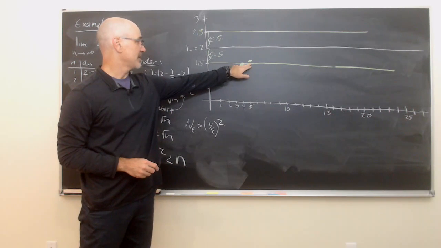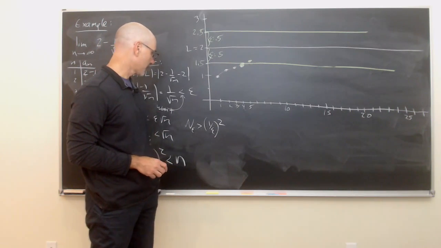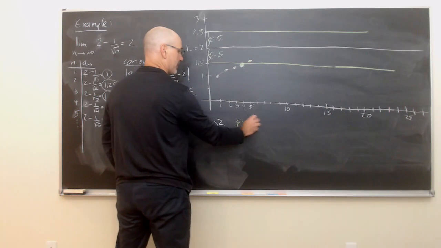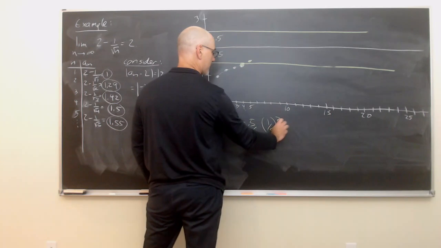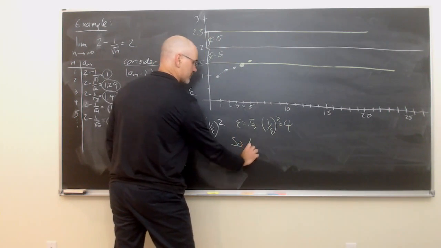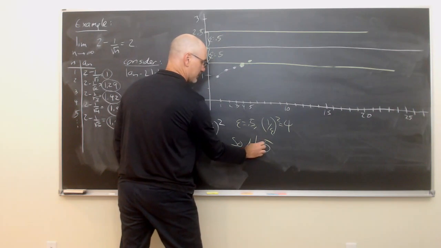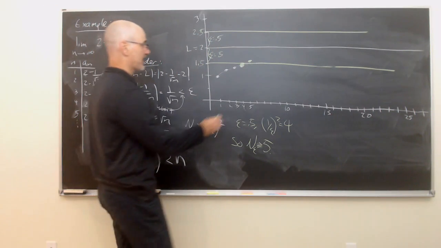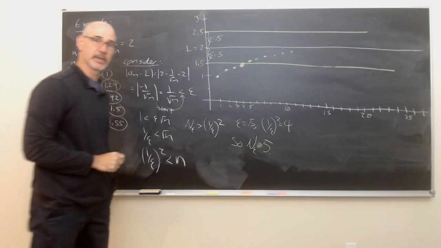N equals 5 does do it. It's all the way inside the epsilon band. So in that case, when epsilon is 0.5, 1 over epsilon squared is equal to 4. So the first capital N that works would be anything bigger than or equal to 5. And as long as we're past 5, we stay inside that epsilon band.